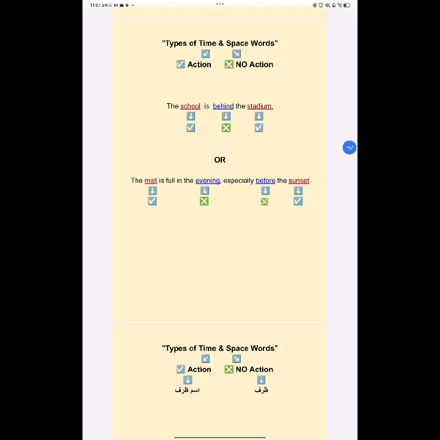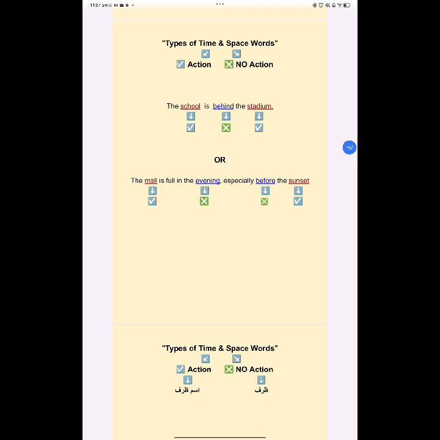And just by looking at the word stadium on its own, can you infer any kind of action that is associated with it? Yes, there is. Sports, right? So the word school does have an action associated with it, and the word stadium also has an action associated with it, but the word behind does not, on its own.